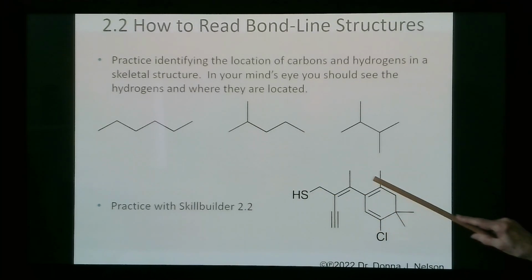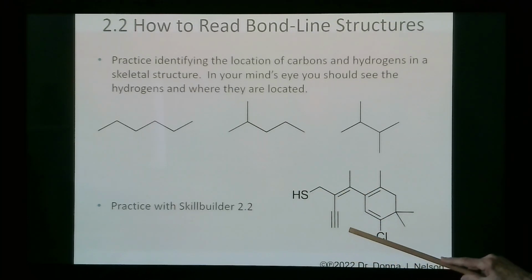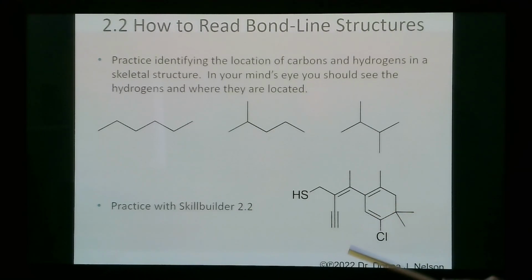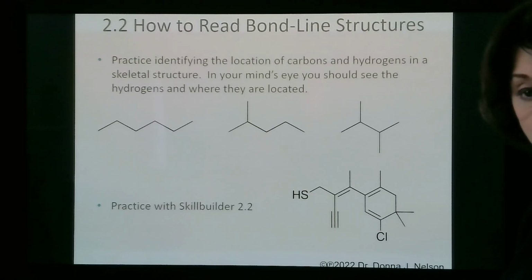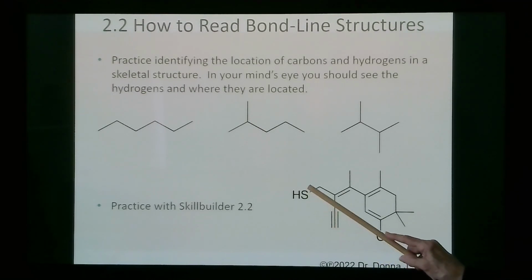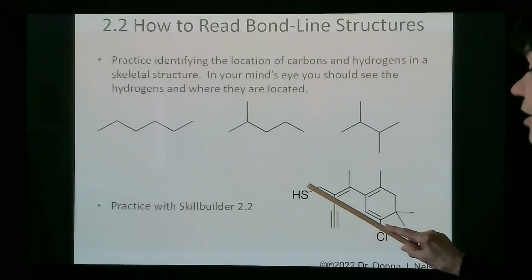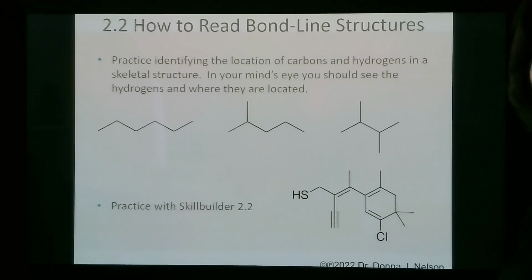And you should be able to look at these and know how many carbon-hydrogen bonds will be drawn. Notice if there is a sulfur hydrogen bond or an oxygen hydrogen bond, those bonds to hydrogen are shown. Those protons are shown because that's considered part of the functional group, and the functional groups are always drawn in.